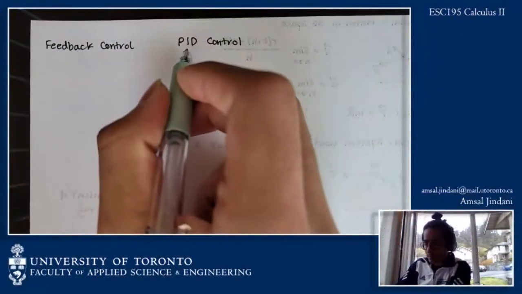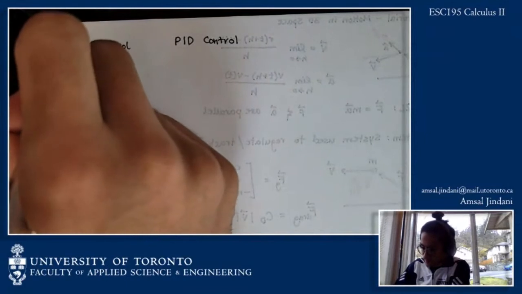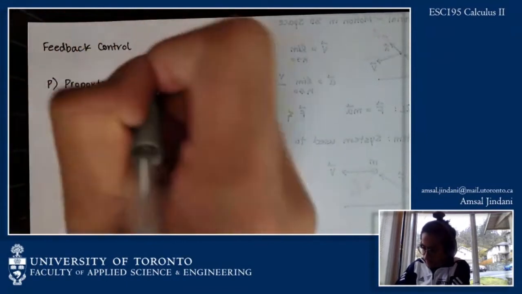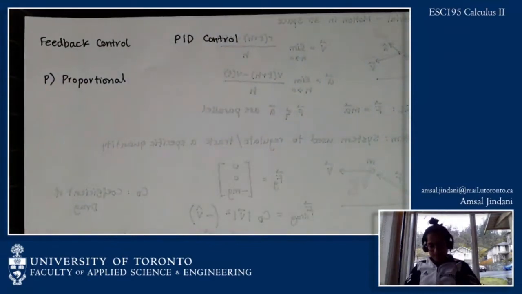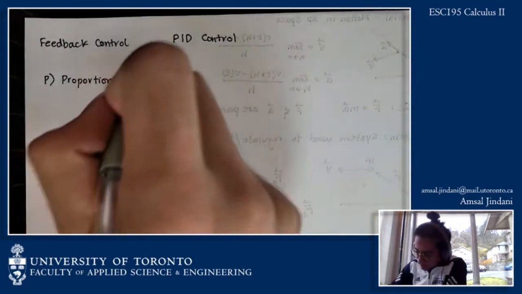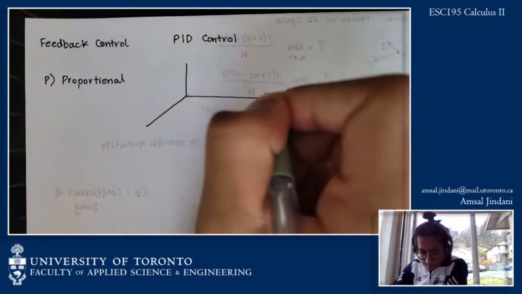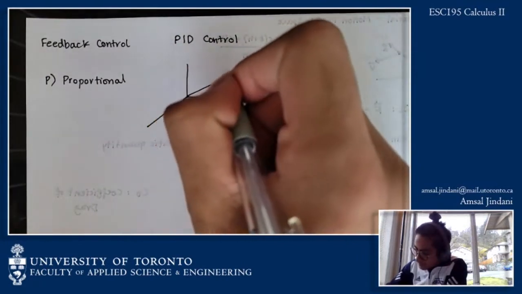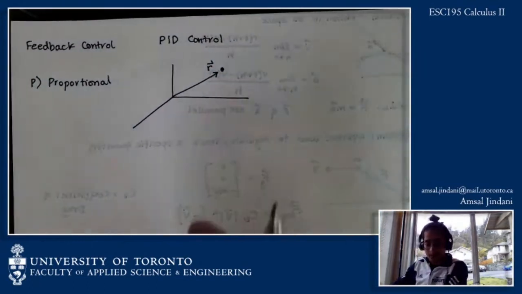And each one of these letters means something. P stands for proportional. So what is proportional control? Let's draw this. Let's say we have some particle that has a position vector r.